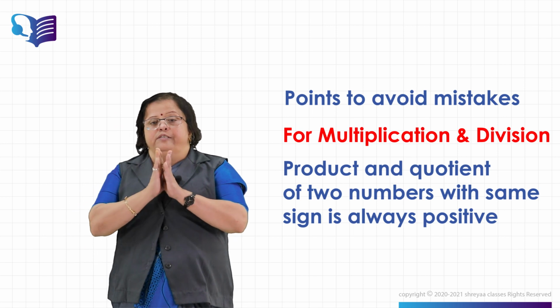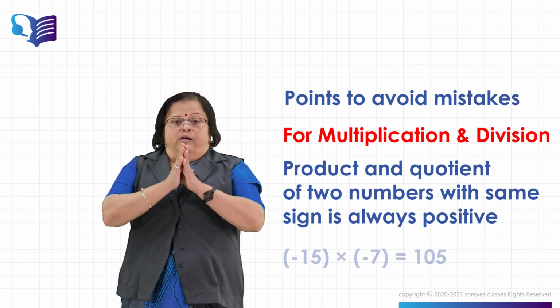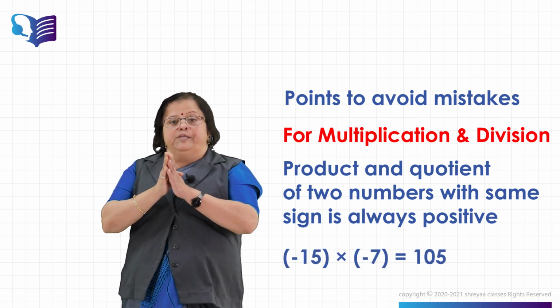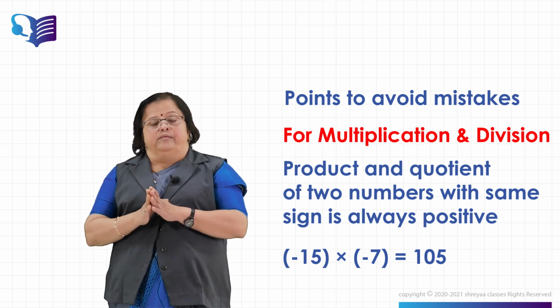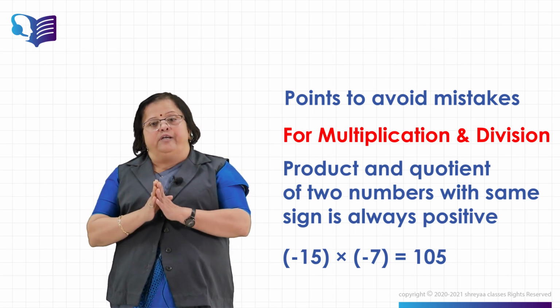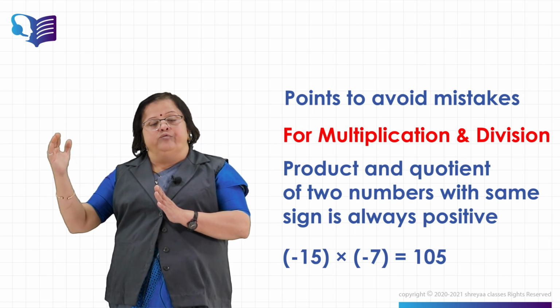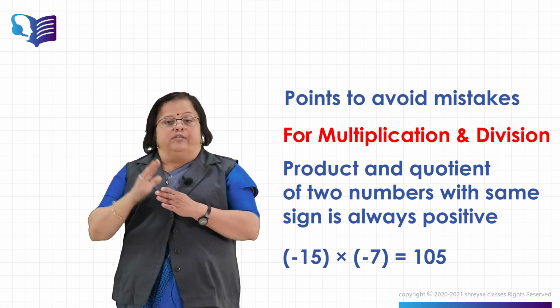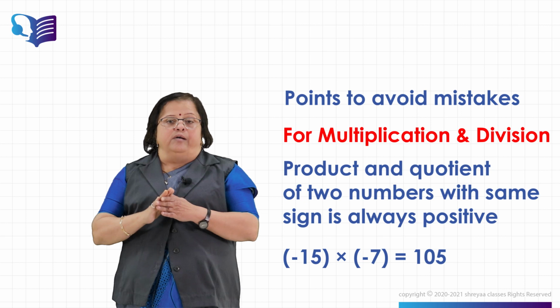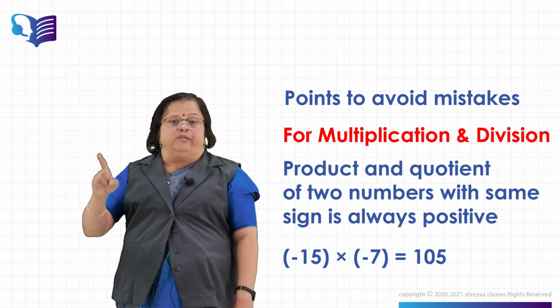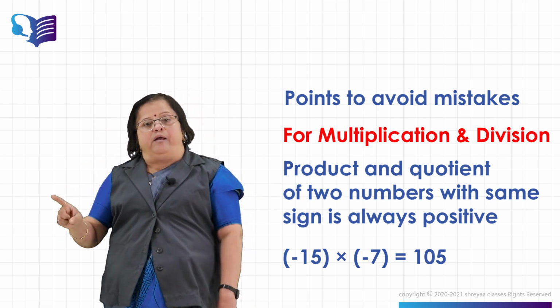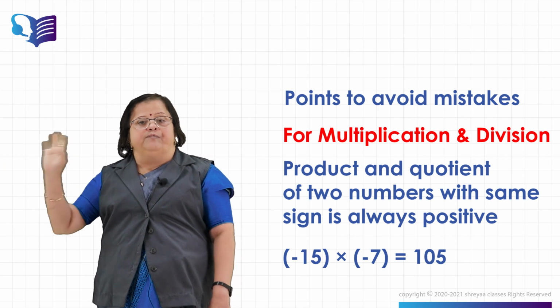Okay, let us understand this. -15 multiplied by -7. Two numbers are with the same sign. 15 into 7 is 105. Therefore, 105 is the answer. Two numbers are with the same sign, so the answer will be positive only. So it will be plus 105.